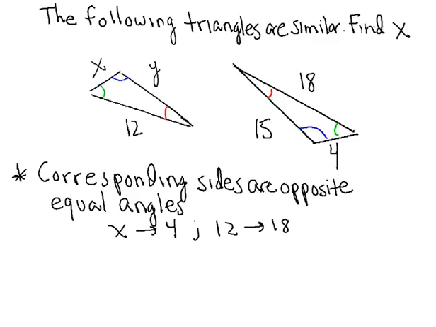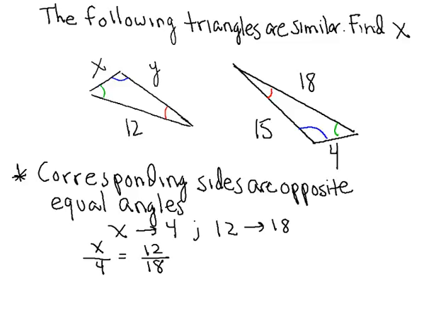So that now gives us enough information to set up a proportion to find x. So one possible way to set up the proportion would be to write then x over 4 is equal to 12 divided by 18.